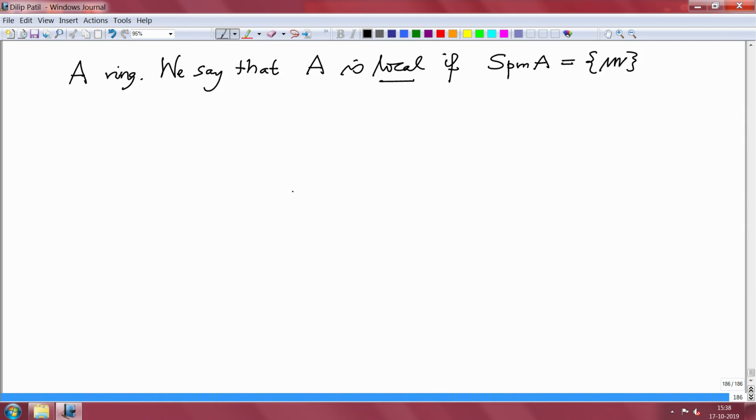But how do you check there is only one maximal ideal? There is a slightly easier way to check.